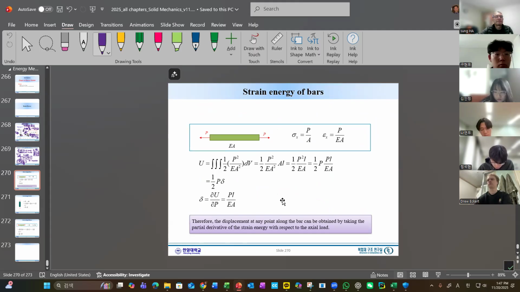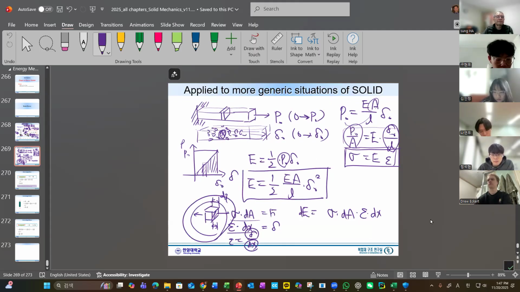Okay, the integrations. And then, of course, there should be some half because this is the force and this is the deflection.